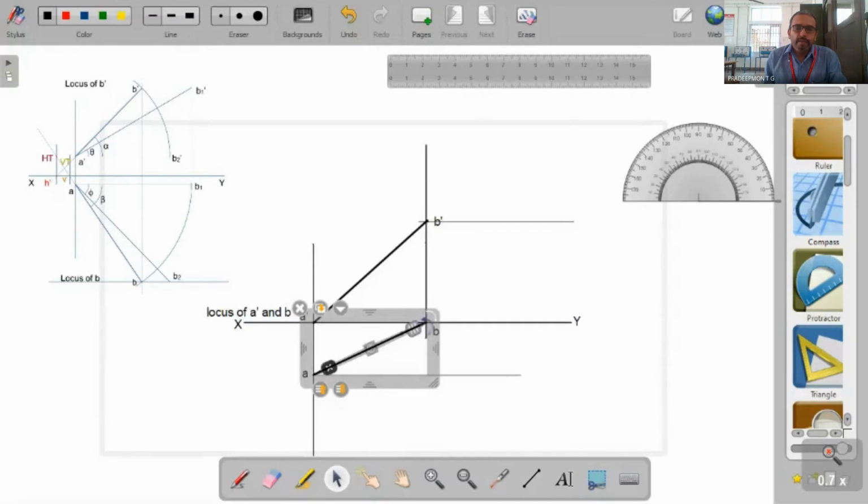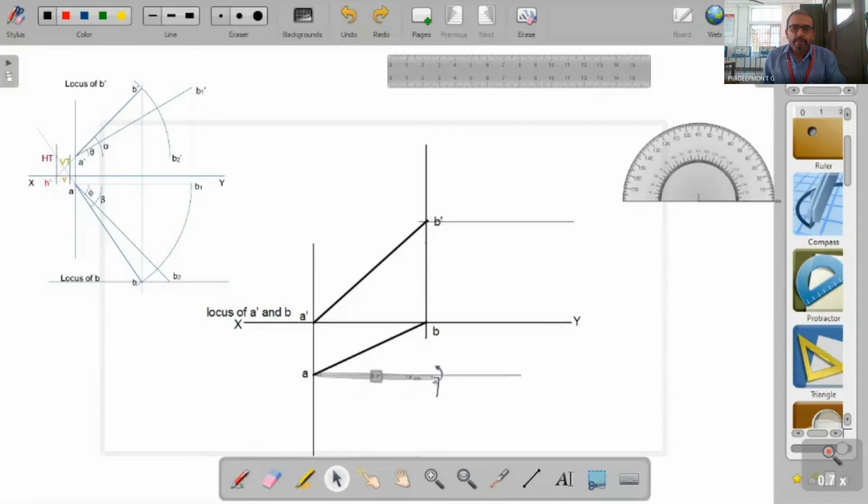And using this particular radius, you draw an arc.